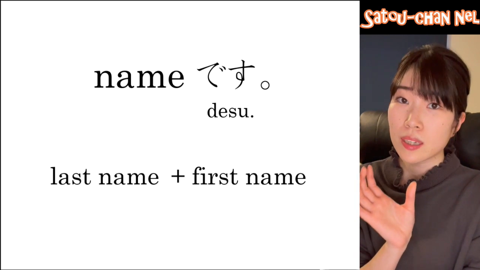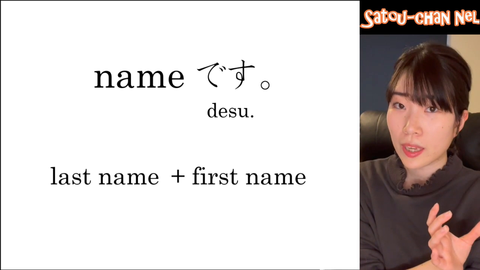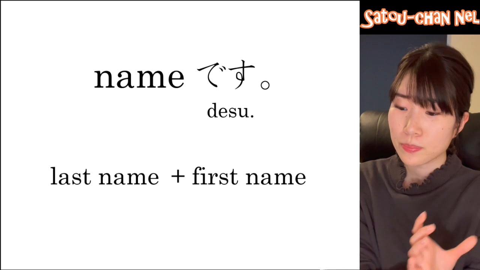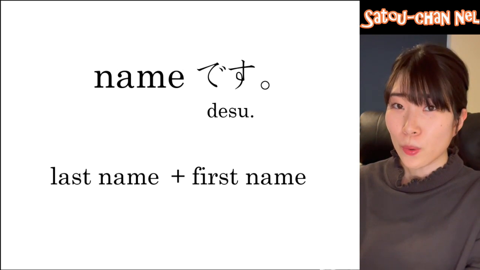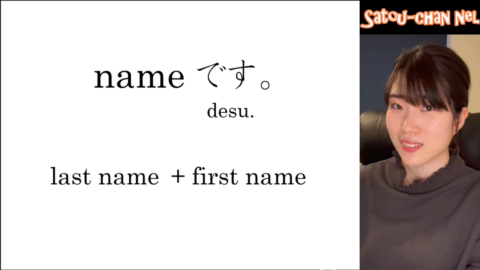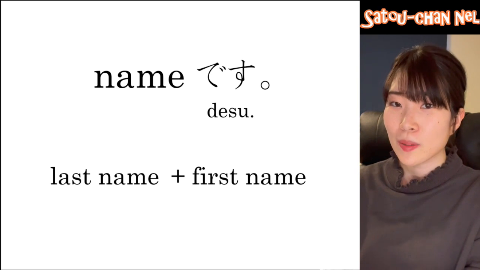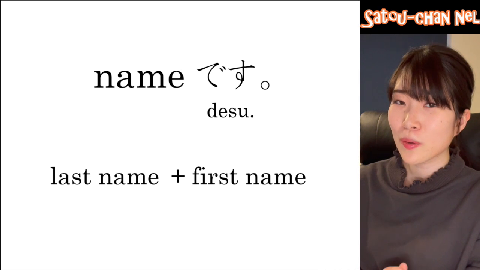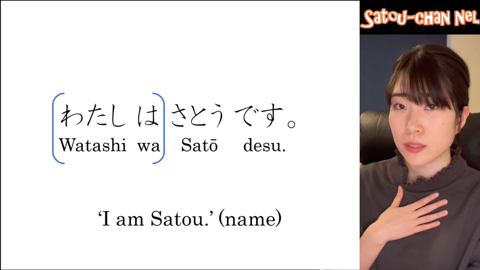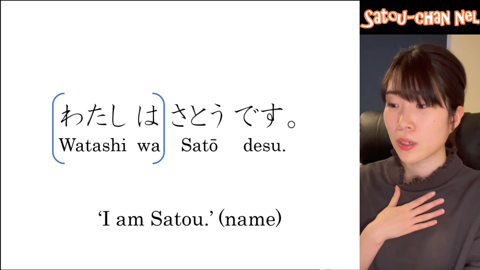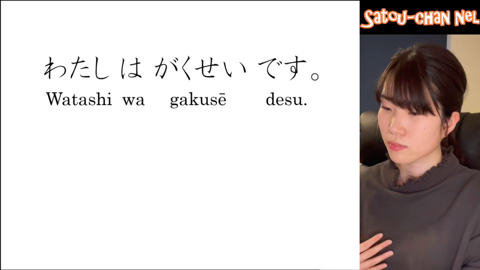We say last name first, and then first name. Sato is a last name, and is the most common Japanese last name. So when you visit Japan, you will meet a lot of people whose names are Sato. 私は佐藤です。I am Sato. And you can drop the subject.